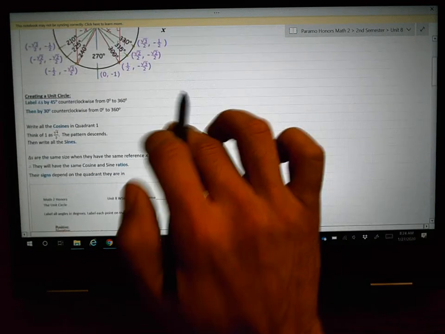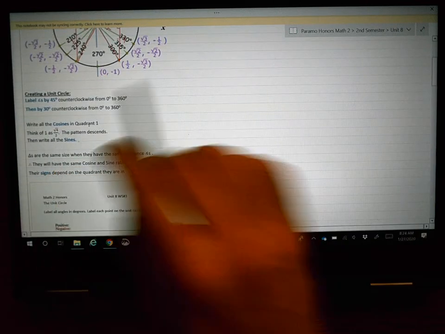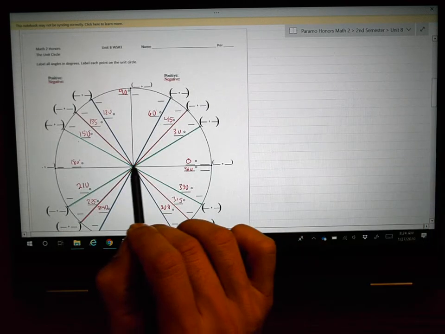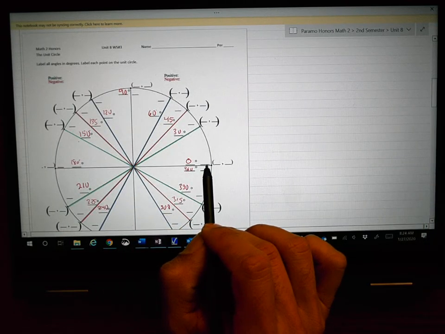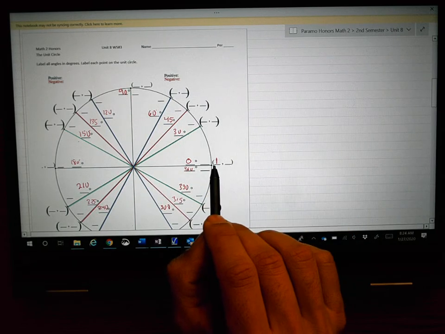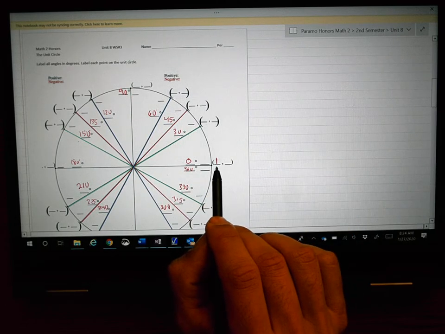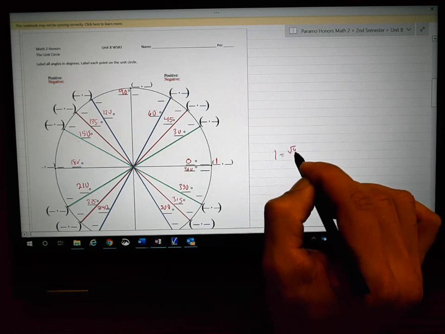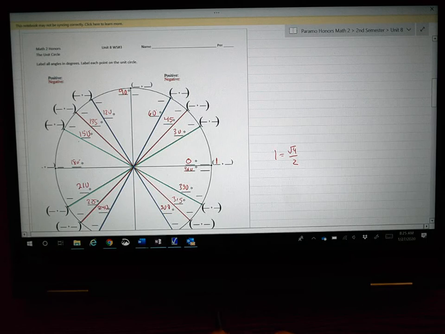It says, write all the cosines in quadrant 1. Think of 1 as root 4 over 2. We went 1 unit to the right. Here's your cosine. Here's your x-coordinate. It's a 1. And I said think of 1 as root 4 over 2, because it's just a pattern.